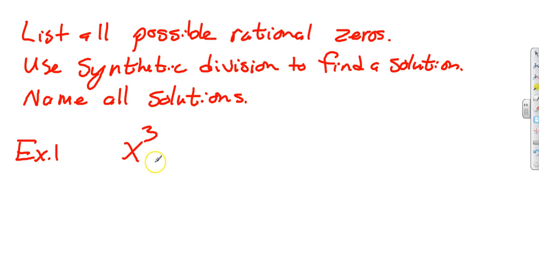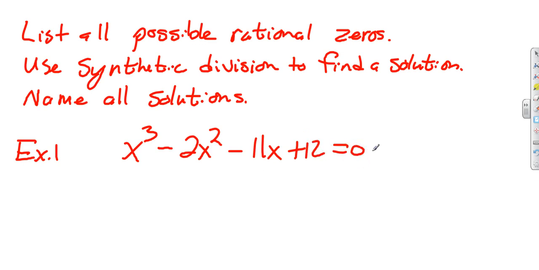Let's give you one that's got a q equals 1 term first to kind of give us something a little bit shorter. x to the 3rd minus 2x squared minus 11x plus 12. So in this case, we'll do an equation. The next one we'll make it a function.